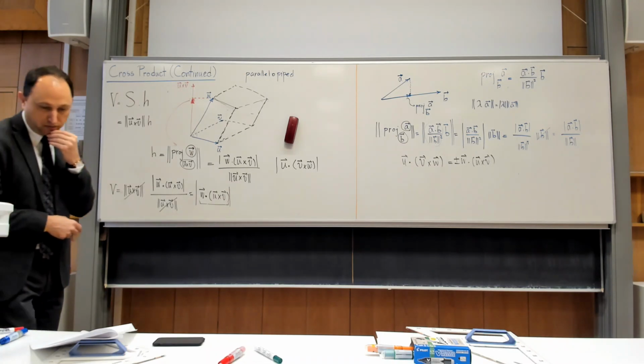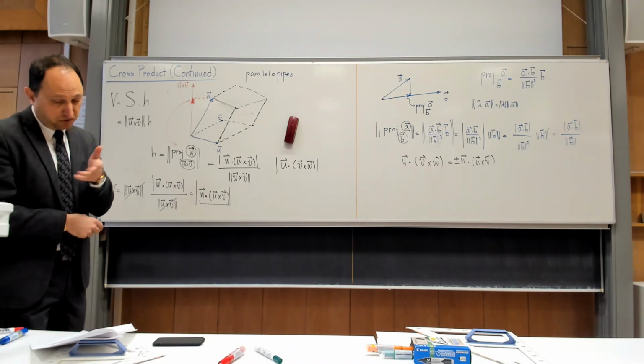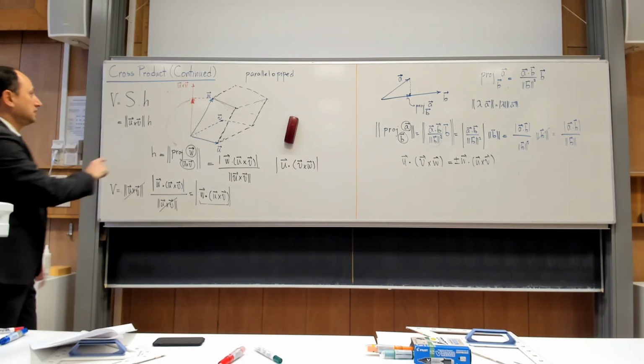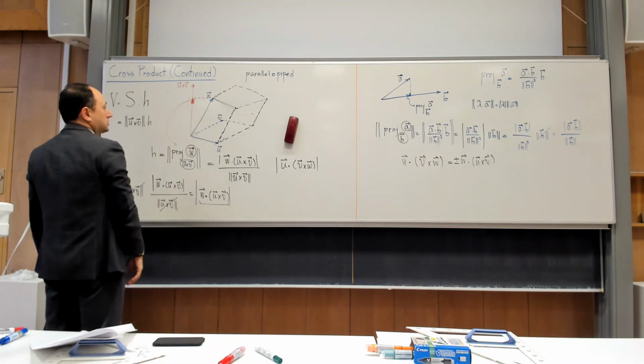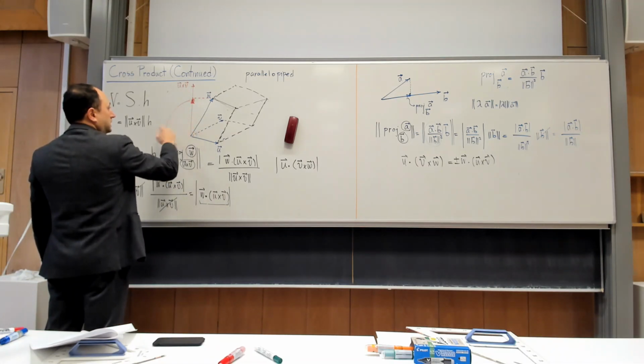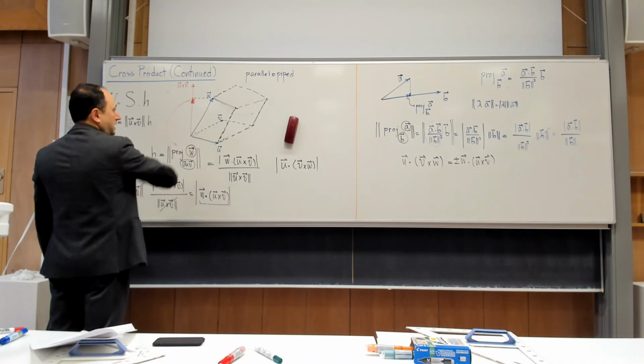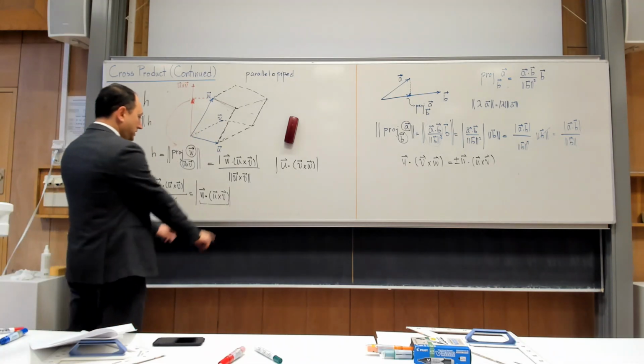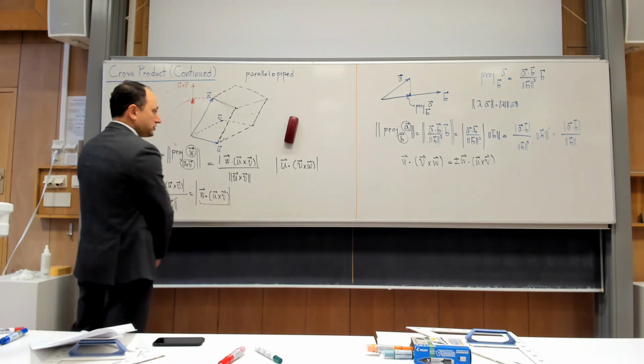Now I want to think, in this picture, is it positive or negative? Because u cross v is exactly this vector in this direction, and with w, in this picture at least, this is an acute angle. So this is itself a positive number.